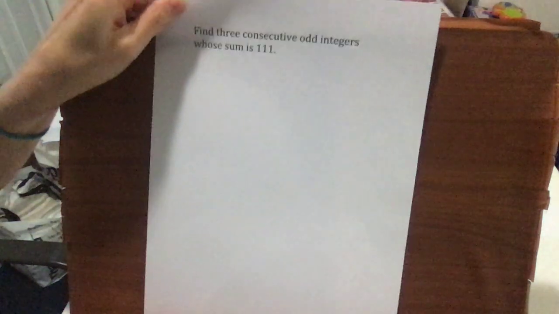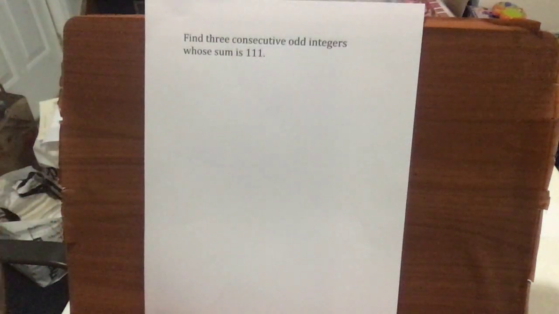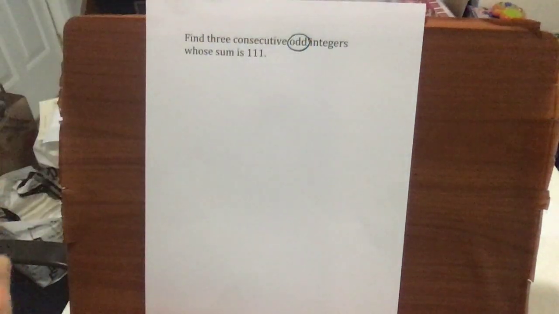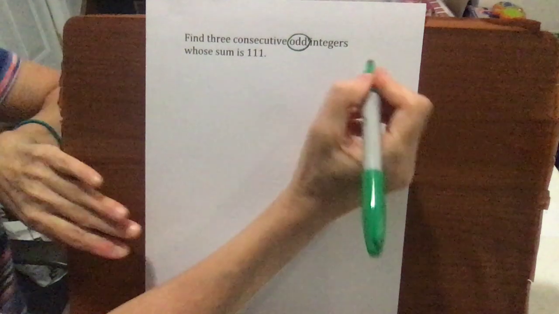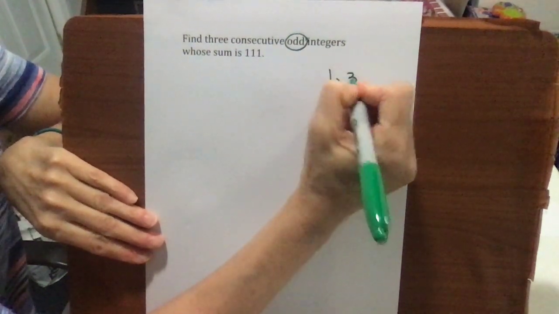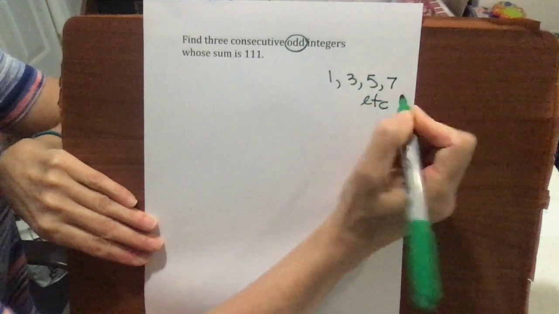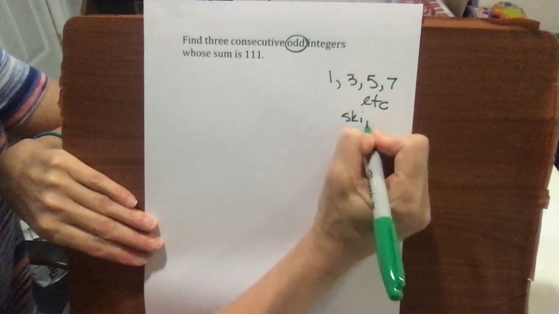All right, next. Find 3 consecutive odd integers whose sum is 111. Well, odd. Odd integers means that, for example, 1, 3, 5, 7, etc. But notice you still skip count by 2.